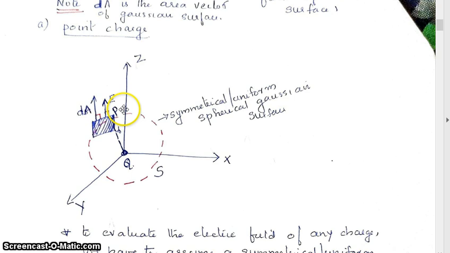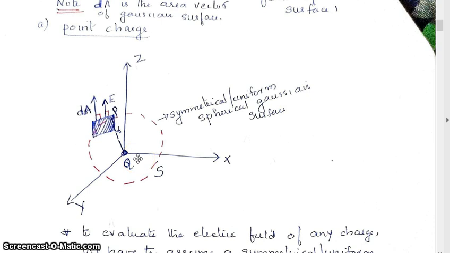Now on that closed surface I am selecting a point P, and here is my charge. So from this charge the electric field lines will move towards the point P. Now near to this point P I have drawn, you can see here, the electric field intensity and dA perpendicular to the closed surface.